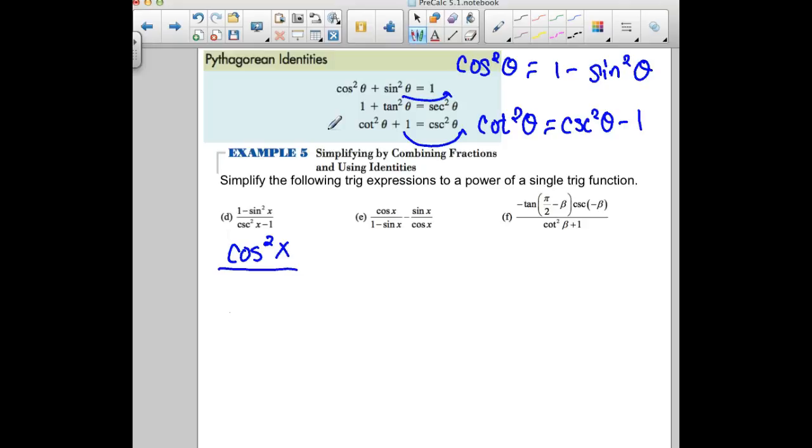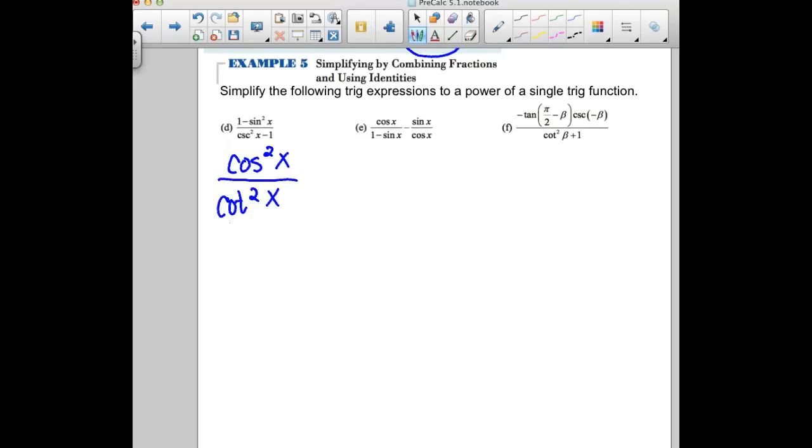So I'm going to replace my denominator with cotangent squared of x. Okay? And now I'm going to rewrite cotangent and think of it in terms of sines and cosines. All right, so we've got cosine squared x as our numerator, and I'm going to rewrite this cotangent squared would just be cosine squared over sine squared.